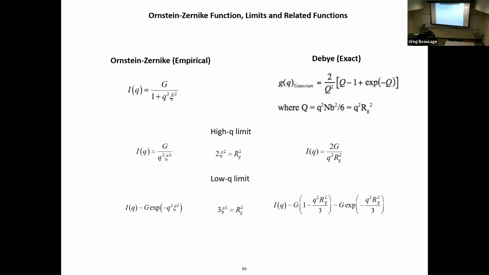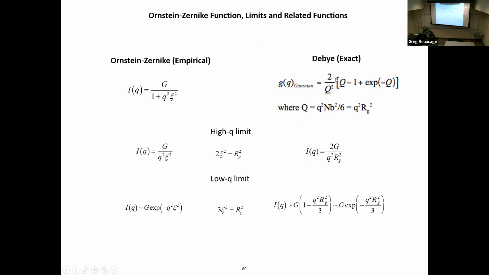That's the exact answer that Debye got in like 1948 or something, during the war. And at low Q, you can expand the exponential: 1 minus Q plus Q squared over 2 factorial plus Q cubed over 3 factorial, which is 6. The first two terms cancel out at low Q. Then Q squared over Q squared gives you 1.